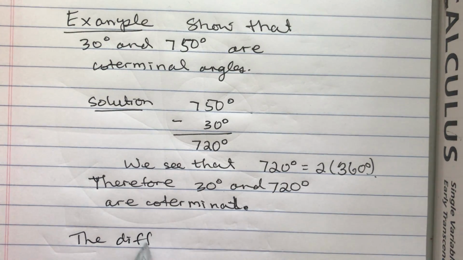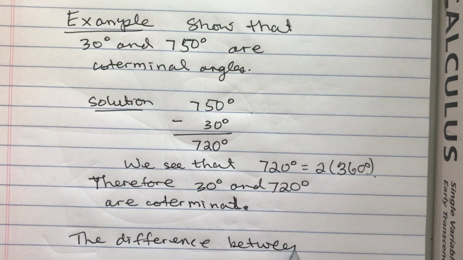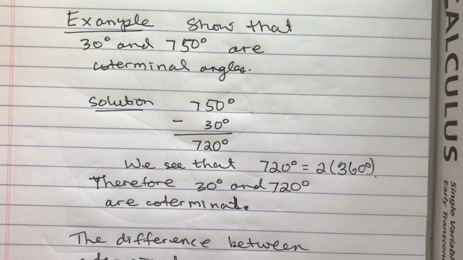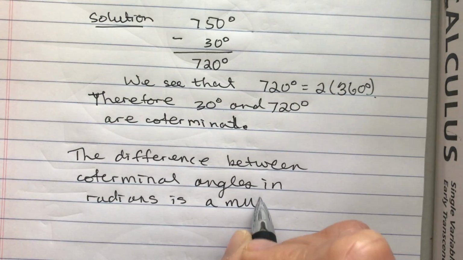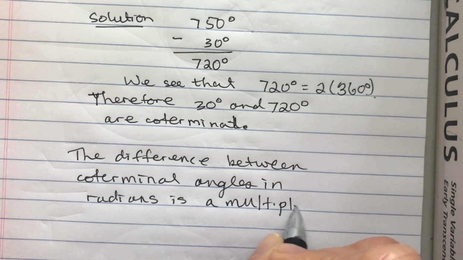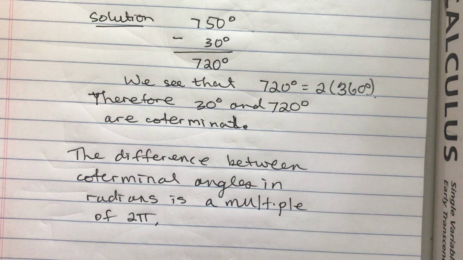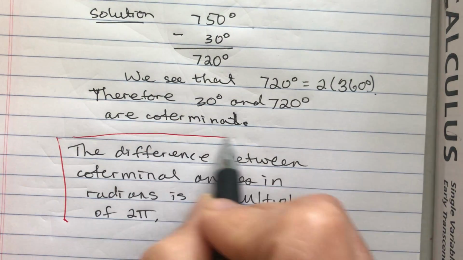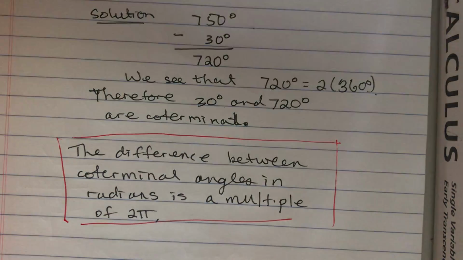The difference between coterminal angles in radians is a multiple of 2 pi. So you could have degrees or you can have radians.